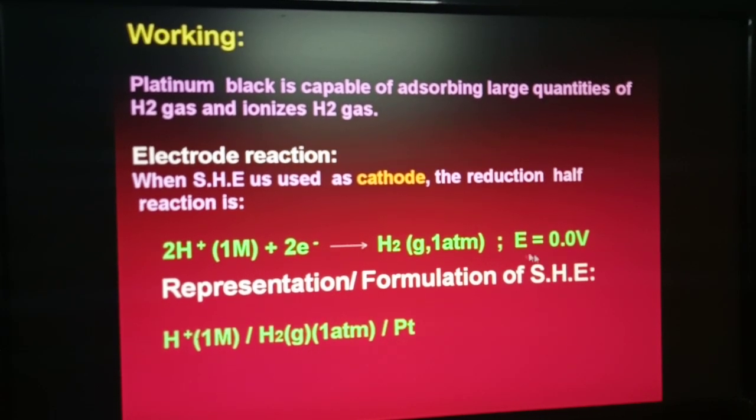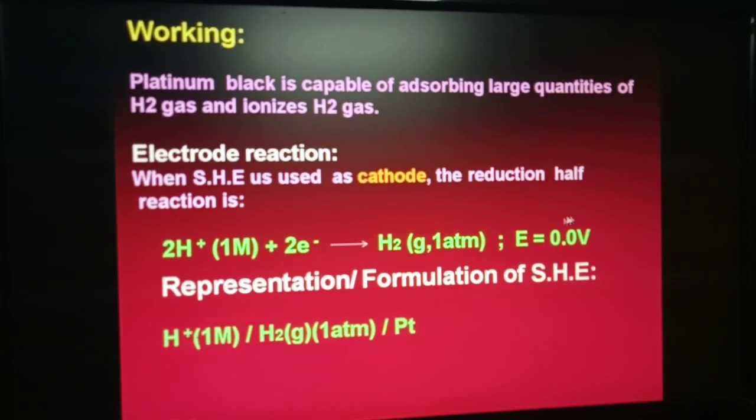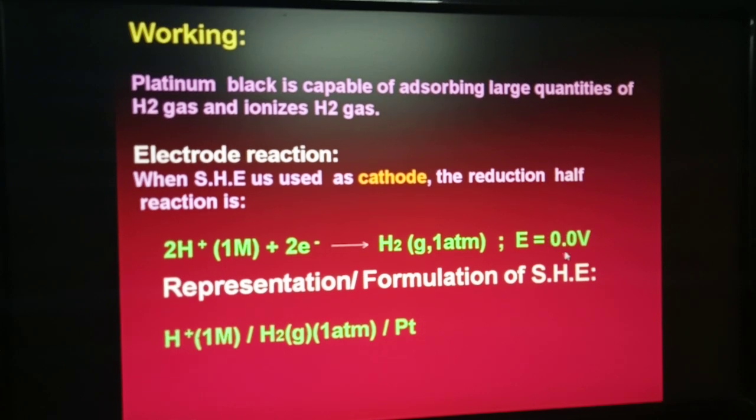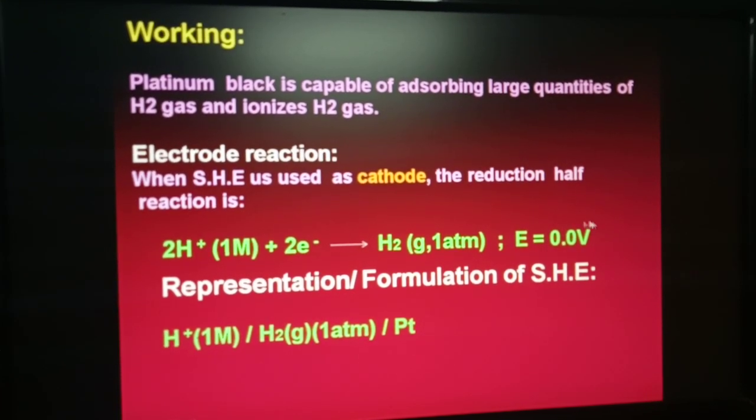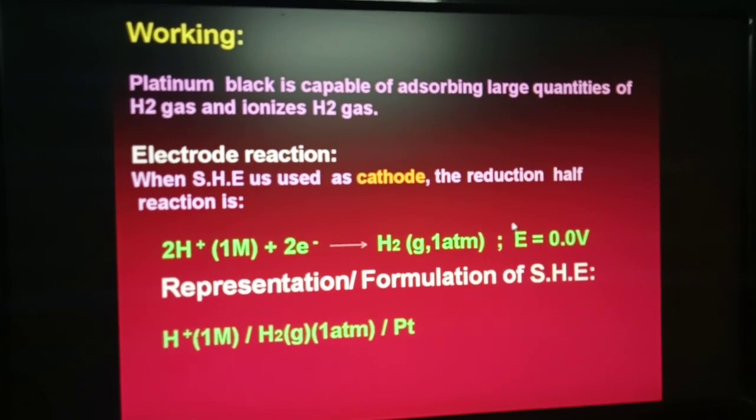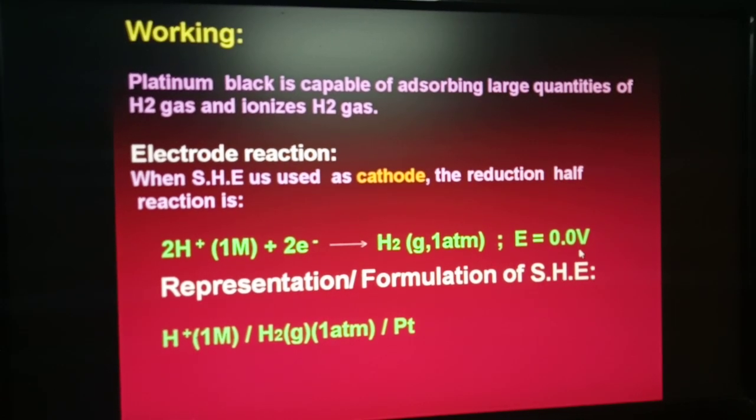Now the electrode potential obtained for this particular electrode is always 0 volt. So last time in the EMF series you had seen the standard hydrogen electrode is used as a reference electrode, and it is placed at the center of the EMF series because it is the only electrode whose potential is 0.